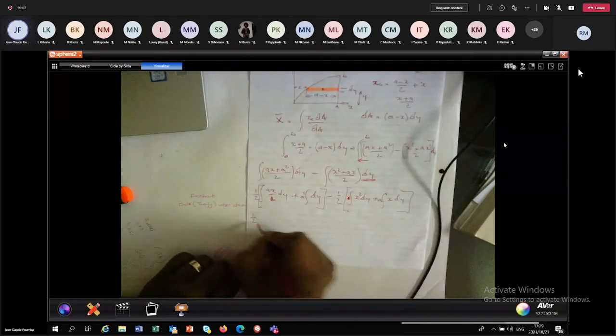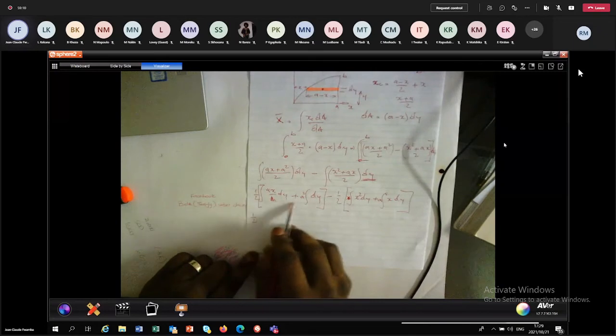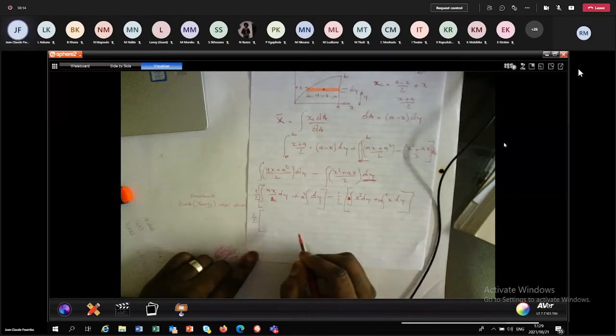So am I running out of space? With the 1/2, I'm going now into each one of these integrations and rewriting them. I don't know if I should solve it already, but let's go step by step.